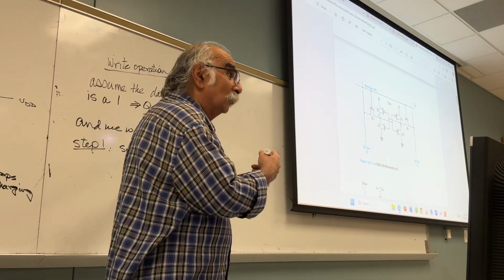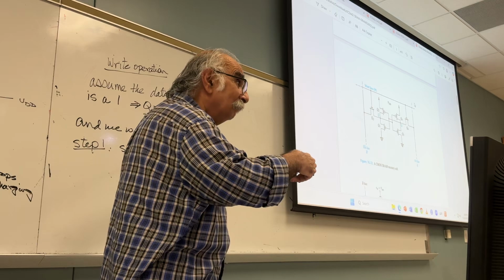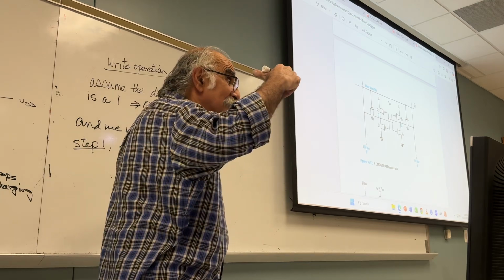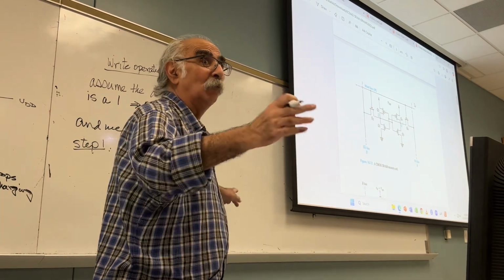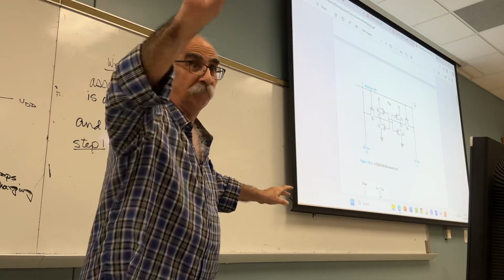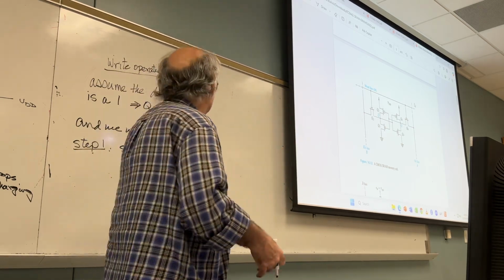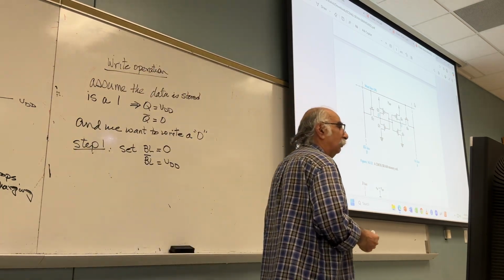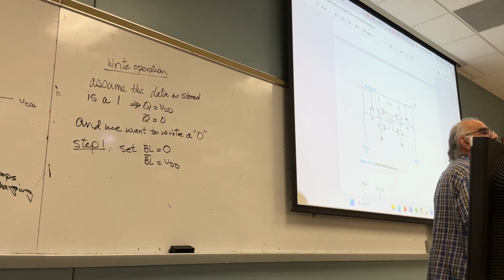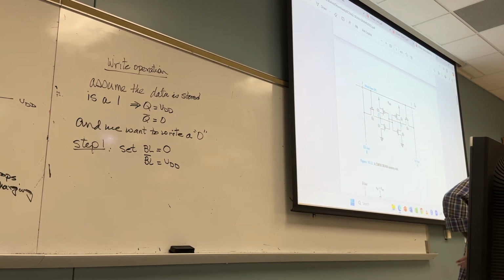It looks like there is an inverter between them, but in the previous case there was no inverter between them. In both cases, there is no inverter. You are just setting the bit line to 0, the bit line bar to VDD. Question, why did I set the bit line equal to 0? Because I want to write a 0. You write on the bit line, not on the bit line bar. Did you get it or not?